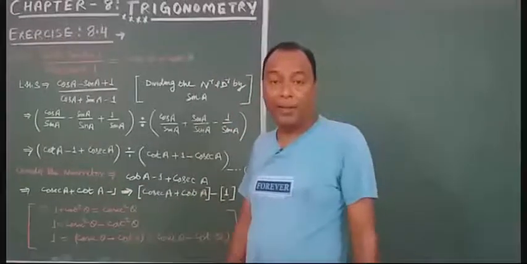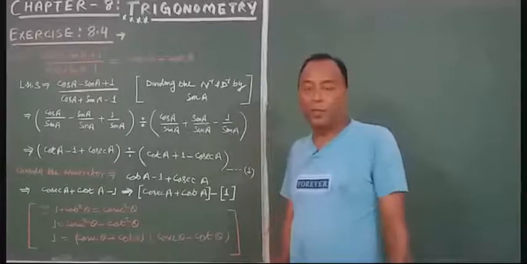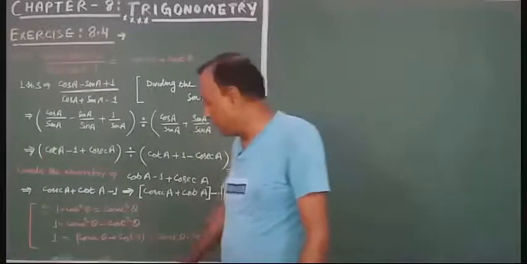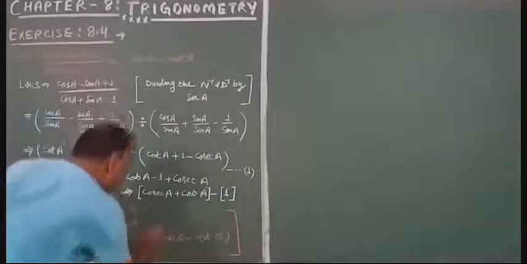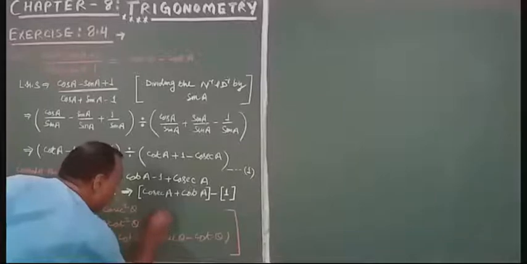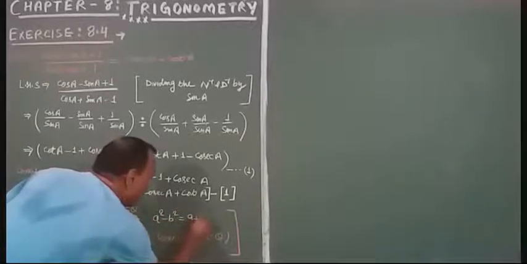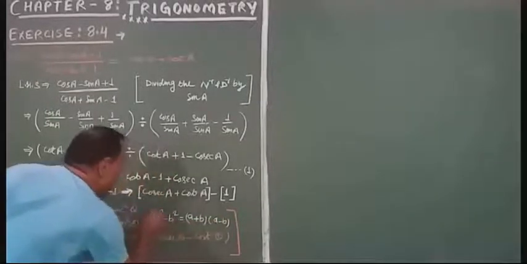This can be factorized with the identity a square minus b square, which is a plus b into a minus b.